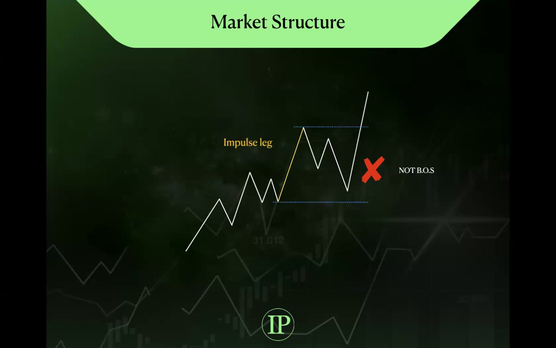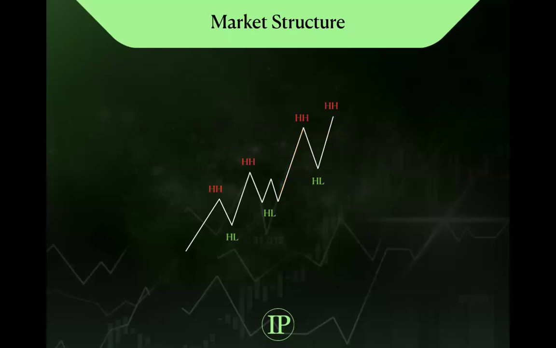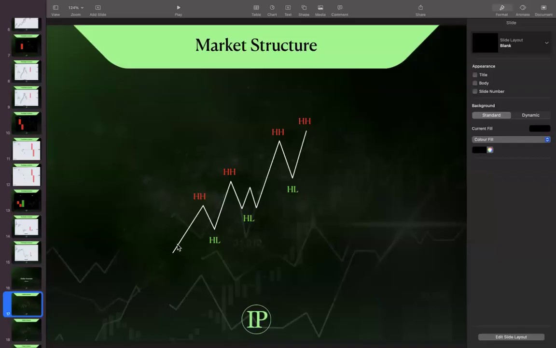Okay, firstly, we have an impulse leg. Each and every time price makes a new high, that leg that created the new high is now the new impulse. Okay, it is an impulse, and an impulse consists of all bullish candles.